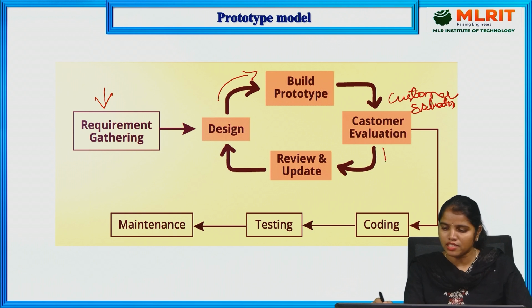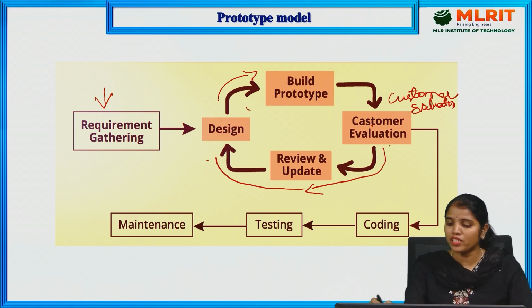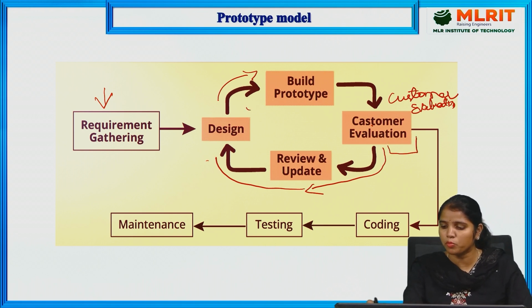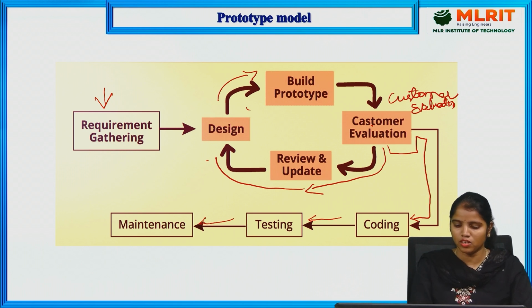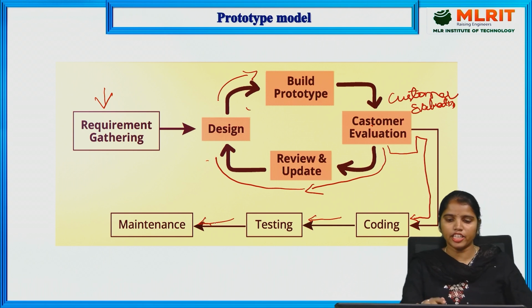If the customer is not satisfied, we again go for the design phase, prototype, and customer evaluation. Once the customer is satisfied with the project, only then do we go for coding, testing, and maintenance. This is the architecture of the prototype model.